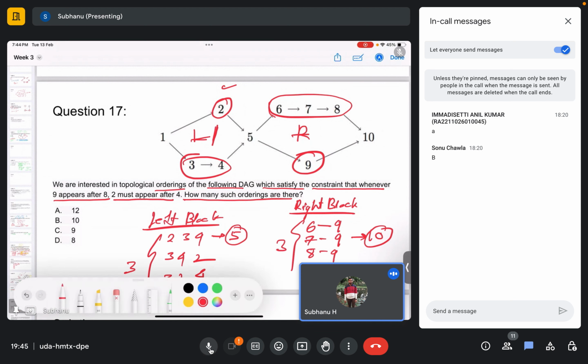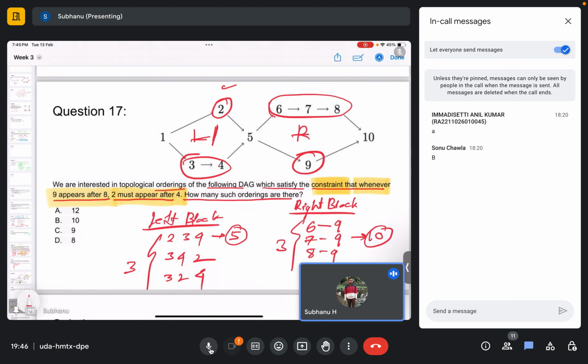So look at the conditions. The condition is, whenever 9 appears after 8, 2 must appear after 4. So this was our situation. So if 9 appears after 8, how many cases have 9 after 8? You can write 6 8 9, or 6 7 9, or 6 7 8 9.